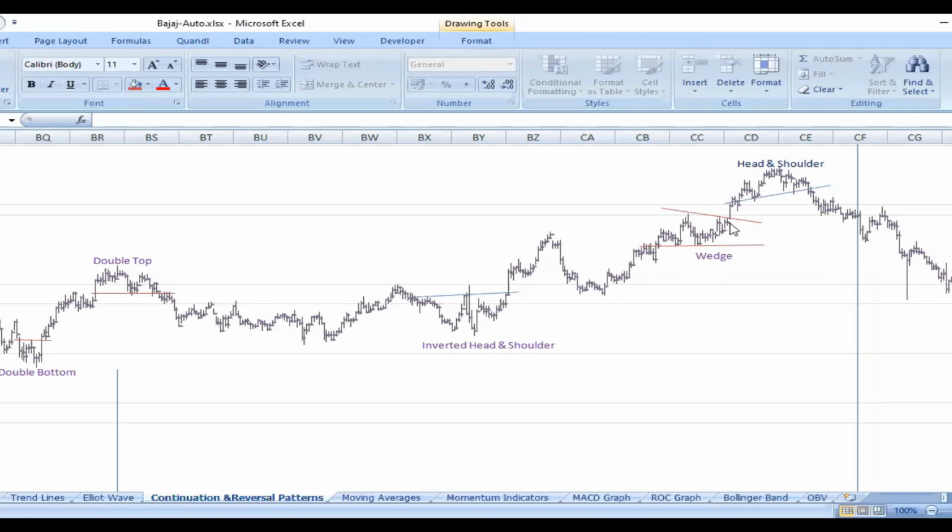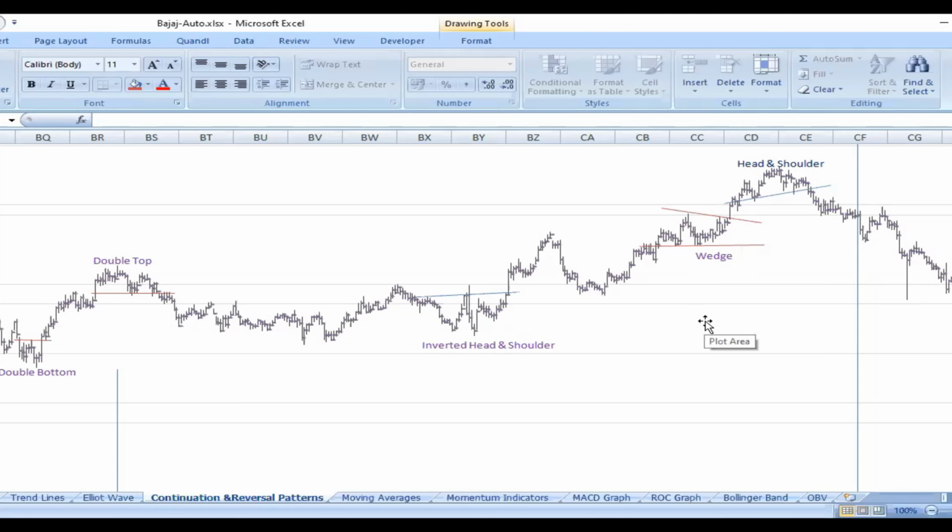So flag is a continuation pattern, so to say. If I look at the other one, which is pennants, it is also a continuation pattern, very much similar to a flag, but it's a particular shaped flag, right? So very much on the same lines.